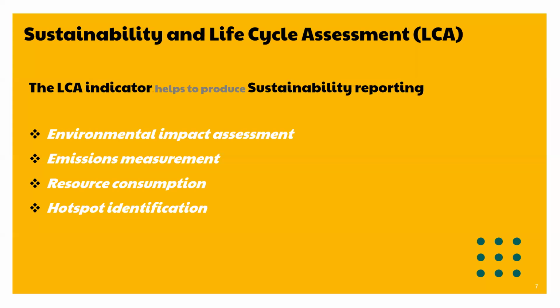And then the final one is hotspot. What do I mean by hotspot? It is basically the identification of the environmental hotspots associated with your product. For example, let's say you are transporting coffee cups from point A to point B using a diesel-operated lorry, and that would significantly pollute the environment.